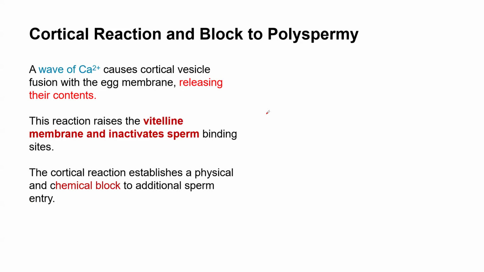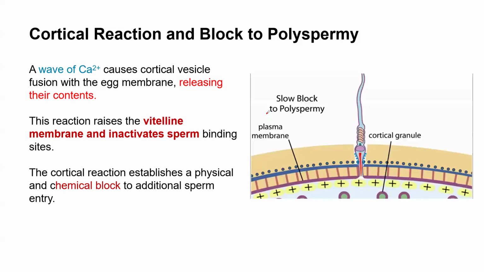So you see, a cortical reaction is a type of reaction that causes the vesicles of the egg membrane to fuse. And this will now inactivate sperm binding sites. Therefore, there will be no more sperm entry. So a cortical reaction is very important in blocking polyspermy, that is preventing the multiple entry of sperm.